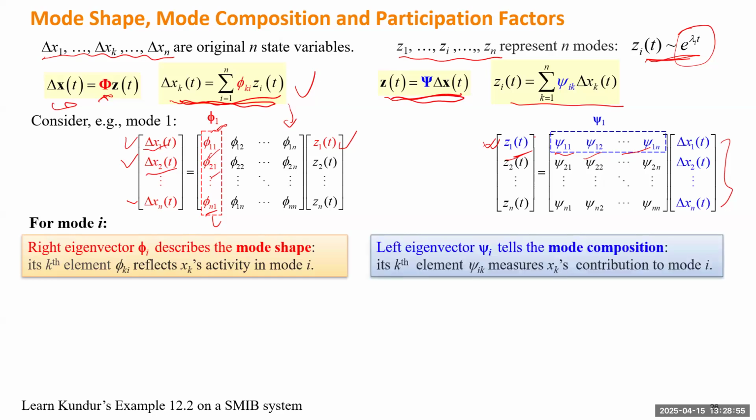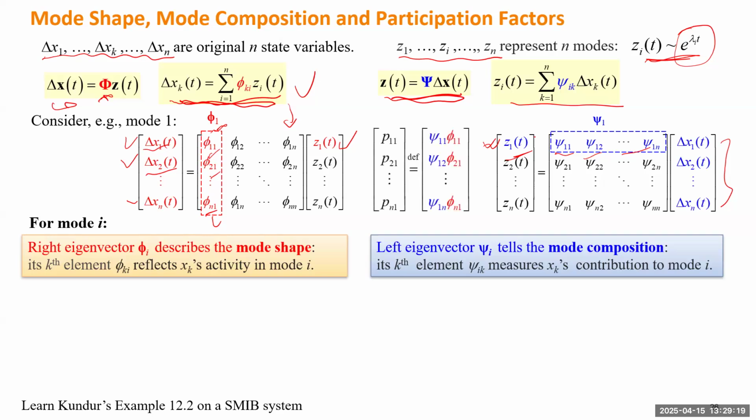The left eigenvector psi I tells the mode composition of mode I. Its k-th element is basically psi Ik, because it's a row vector, so k will be the second index. That one measures the contribution of xk to mode I.